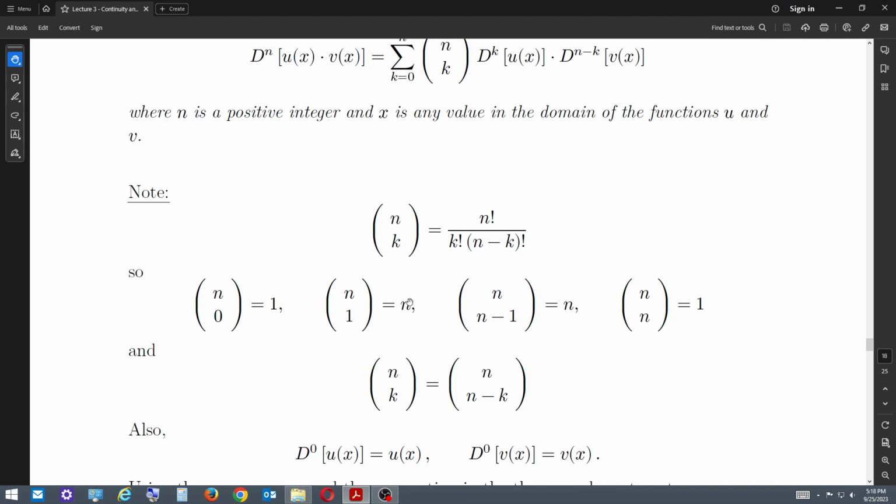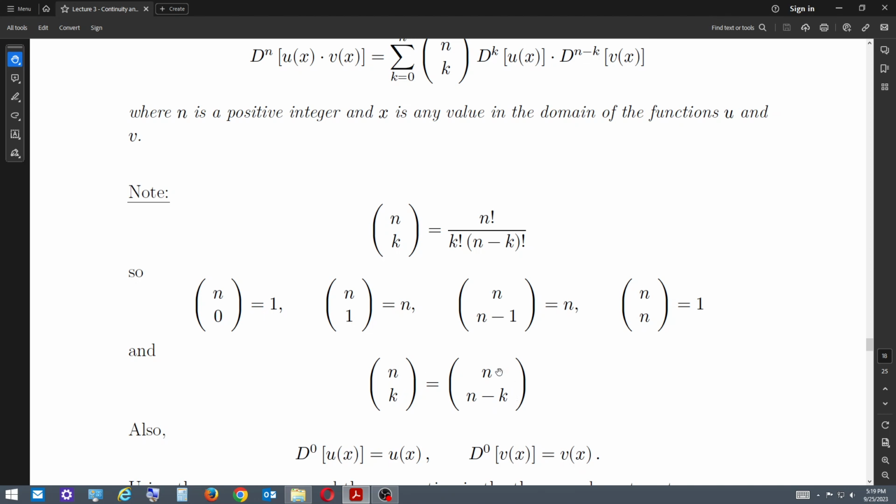Now again, you can easily get this if you substitute k is equal to 1 into this formula. 1 factorial is 1. n factorial over n minus 1 factorial is just n, because when you expand it out, everything down here will cancel with everything except a single n in the numerator. And same thing for this one.